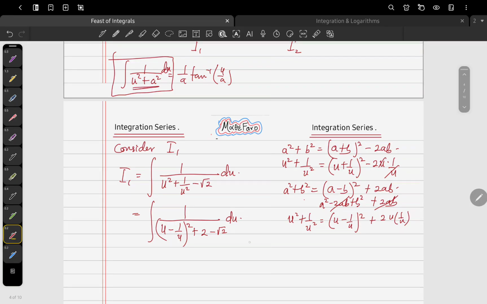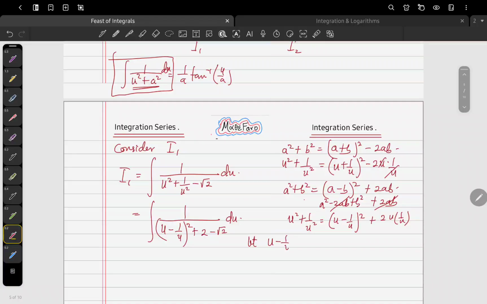So if we replace u minus 1 over u with v, so let v be equal to u minus 1 over u, then dv over du is equal to 1 plus 1 over u squared, so dv is 1 plus 1 over u squared du, and okay, we can make it work.